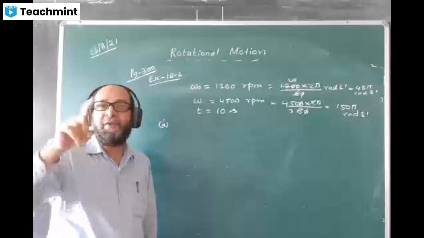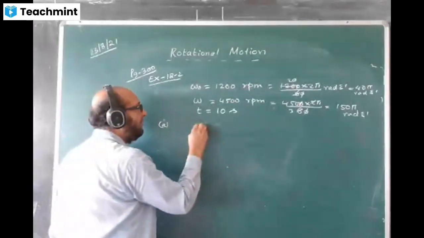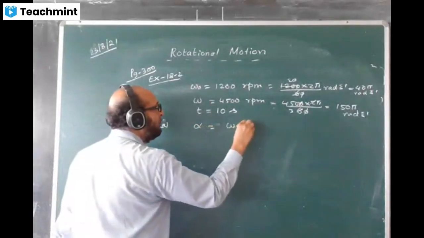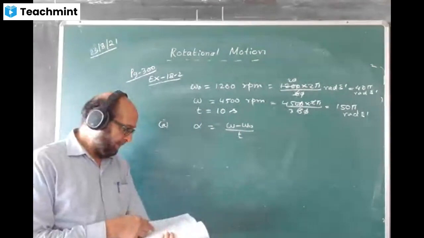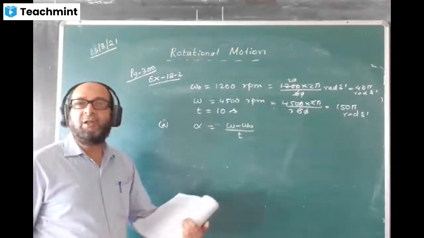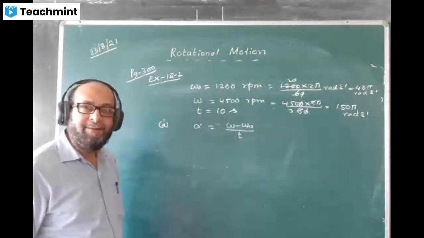You have to find alpha. How can you find it? V minus u by t, take that formula: alpha is equal to omega minus omega naught by t, or this formula is the same as omega equal to omega naught plus alpha t. It is the same thing.